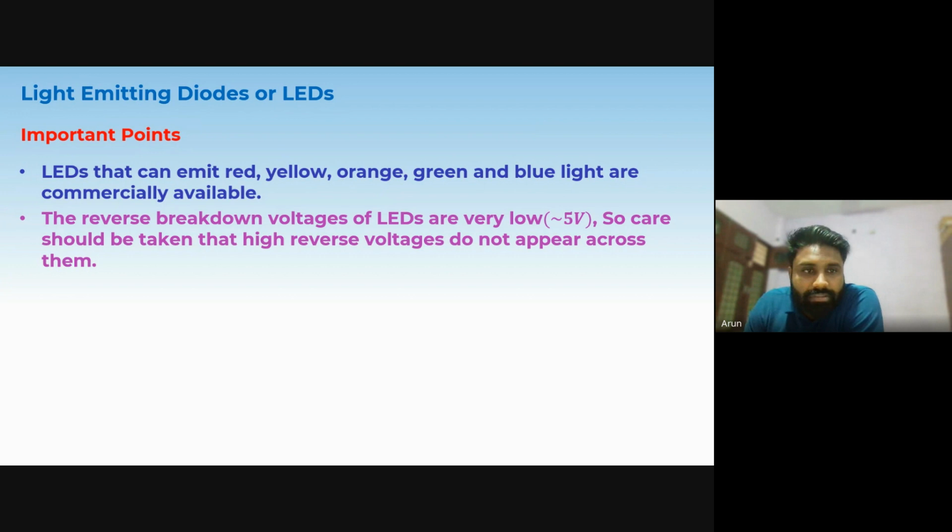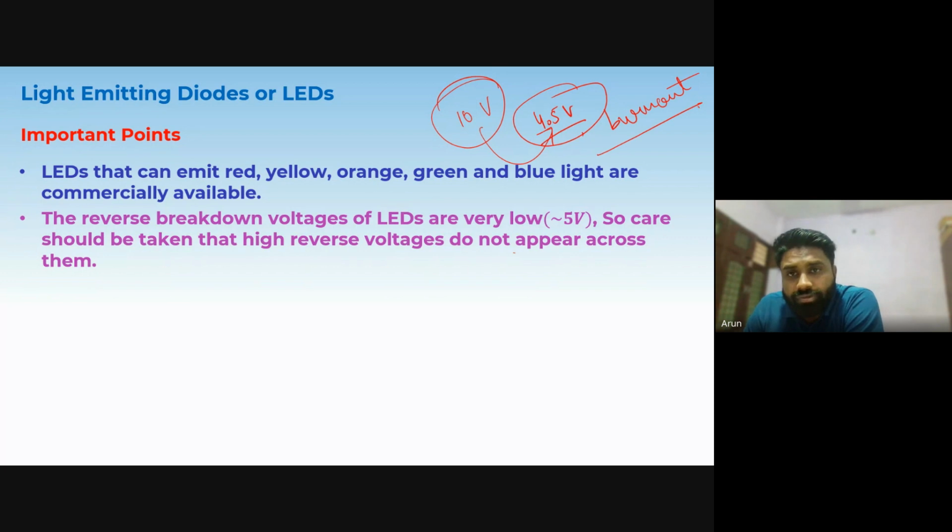So care should be taken that high reverse voltage does not appear across them. Suppose that you have bought an LED which has a reverse breakdown voltage of 4.5 volt, and in your external circuit in which you are putting that LED, the voltage is 10 volt. Okay, so what will happen? This LED will burn out.